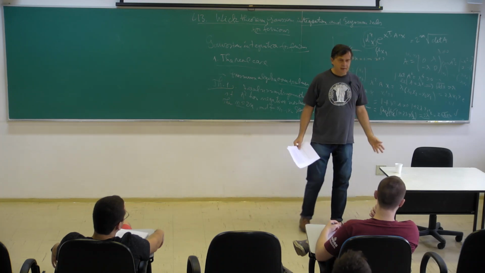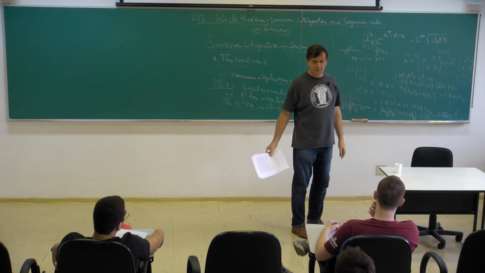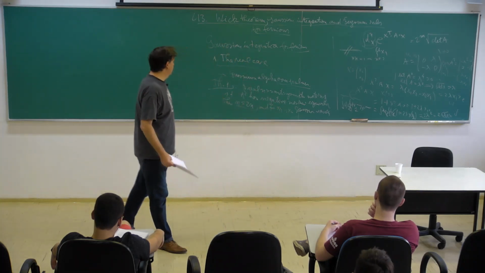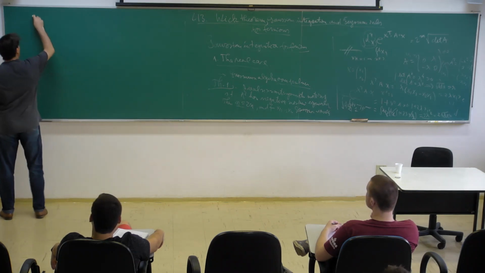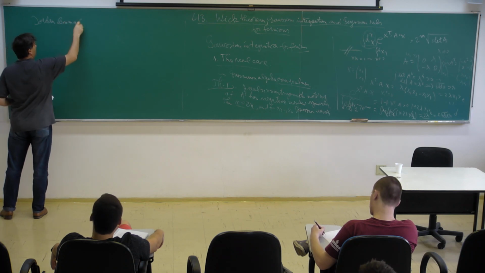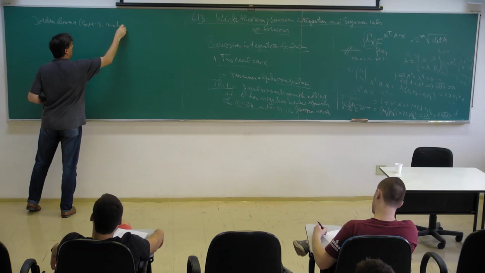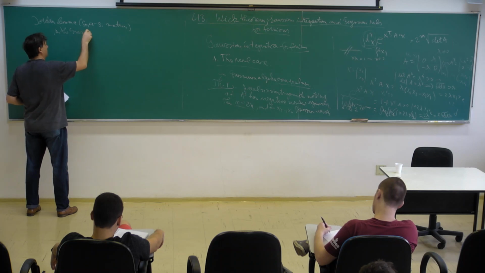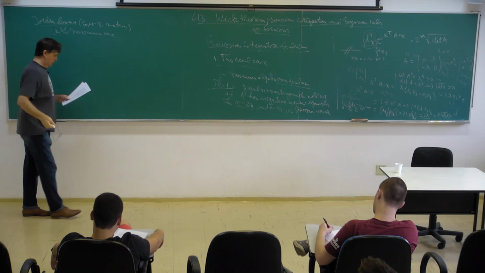In other words, it's enough to prove a version of the Jordan lemma for antisymmetric matrices in the Grassmann case.